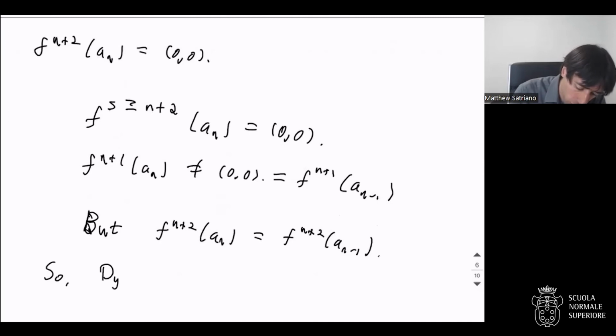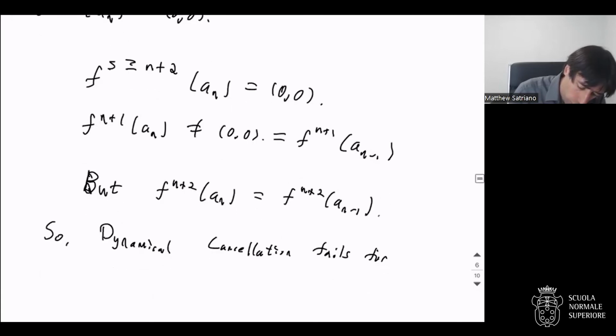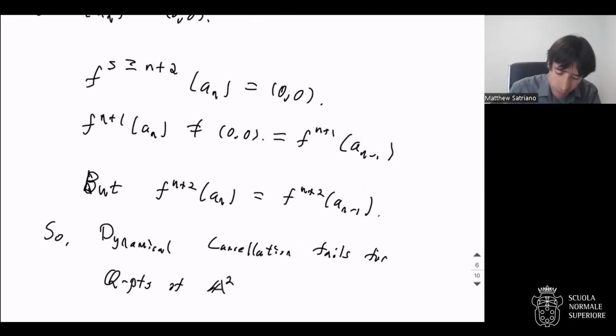So that's the point. Here are the Q points of A2. There's no s naught that you can choose, because you keep having to ratchet that s naught up higher and higher.